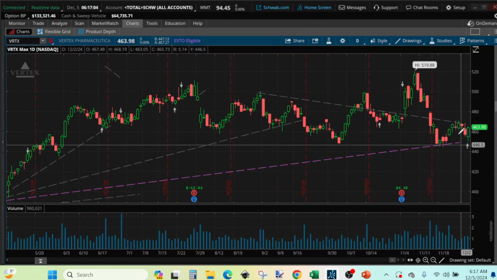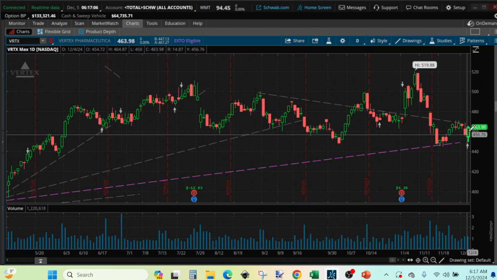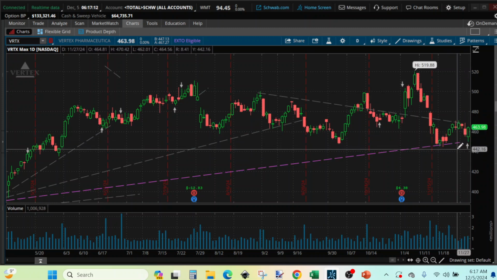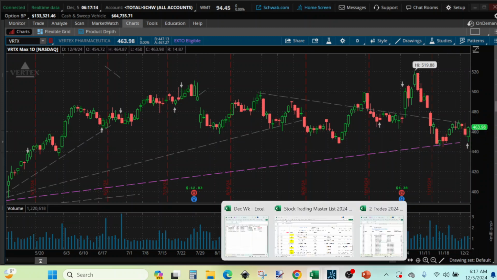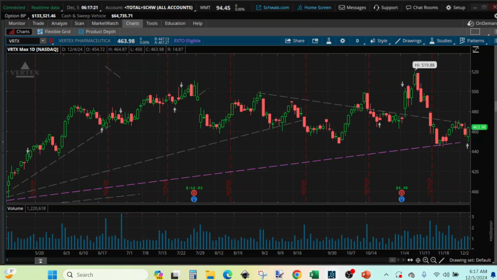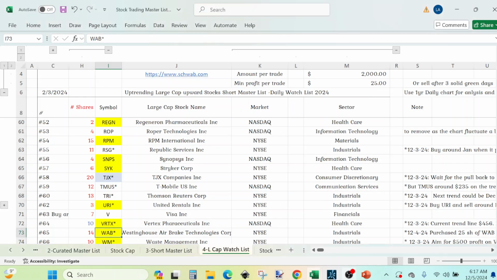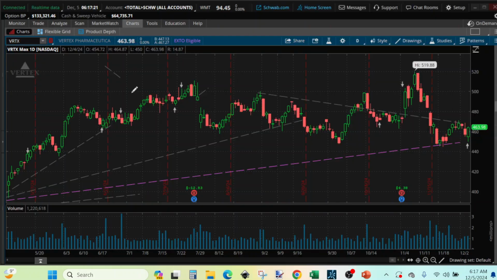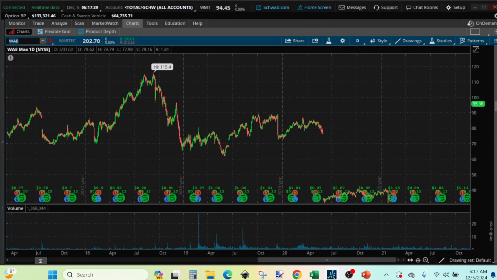Yeah, we bought it right at that line. It pulled back, started going up, we got in. So this one purchased yesterday, we got it right at that line. Good. That entry point worked for us. W, but today we have not found anything close to the trend line we want to trade them on.